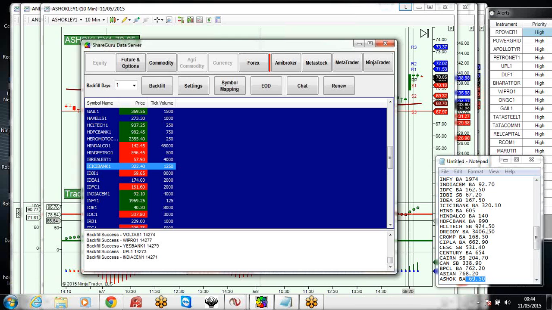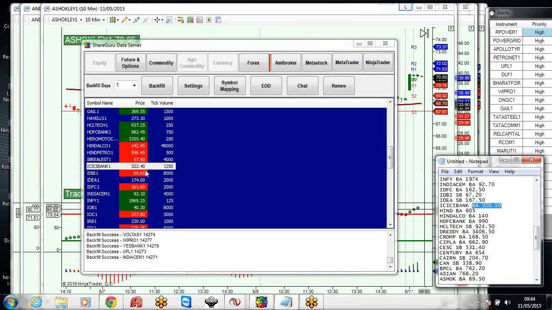So ICICI we had a buy at 320.10. Now it is 322.40.